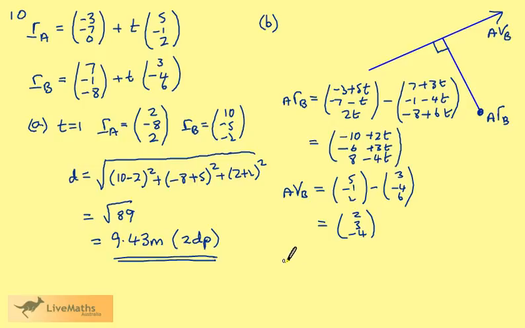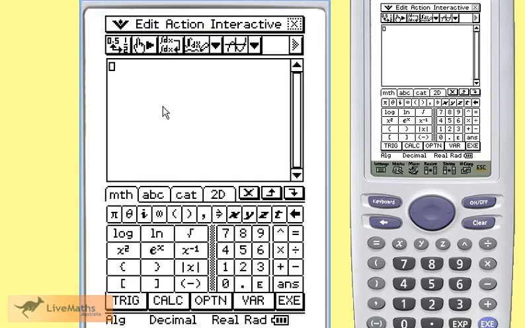So we need to solve (-10 add 2t, -6 add 3t, 8 minus 4t) dot (2, 3, -4) is equal to 0. So we're solving a dot product.